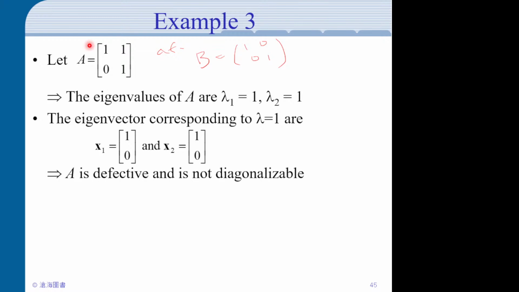When you calculate the characteristic polynomial, it's the same for both. So the characteristic polynomial will be 1 minus lambda times 1 minus lambda, which is 1 minus lambda squared equal to 0, because this 1 just gets multiplied by 0. So the eigenvalues are 1 and 1.